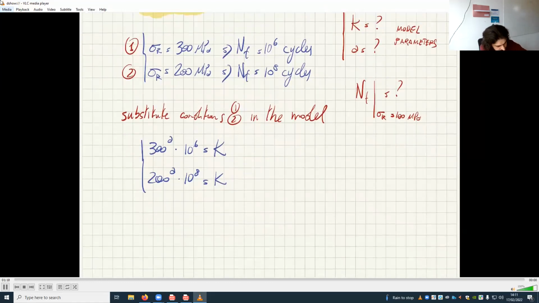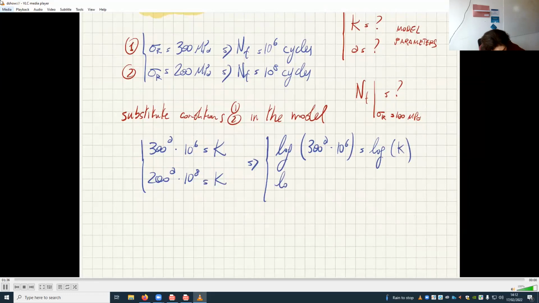So the first way of addressing this is pass everything into logs. So if you do the log of the left-hand side equals the log of the right-hand side, and this log is the natural log, okay? You get this, okay?